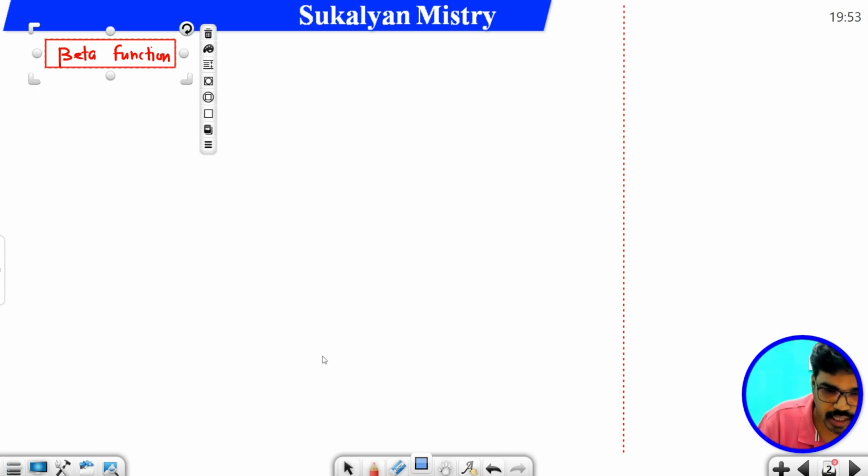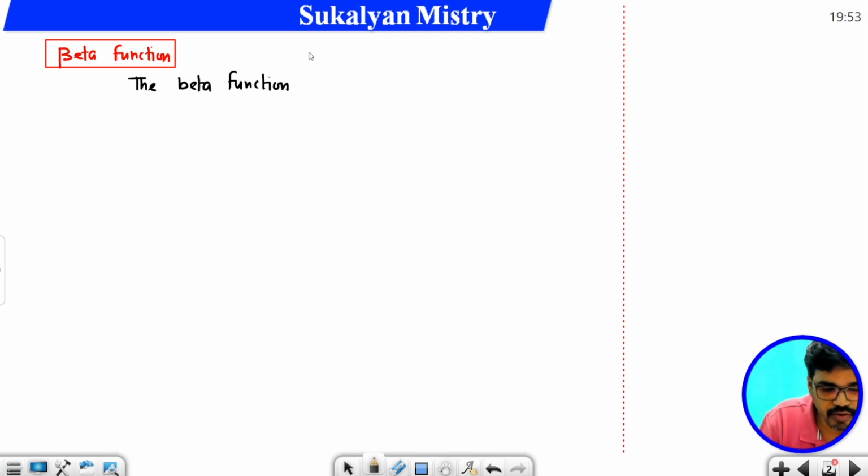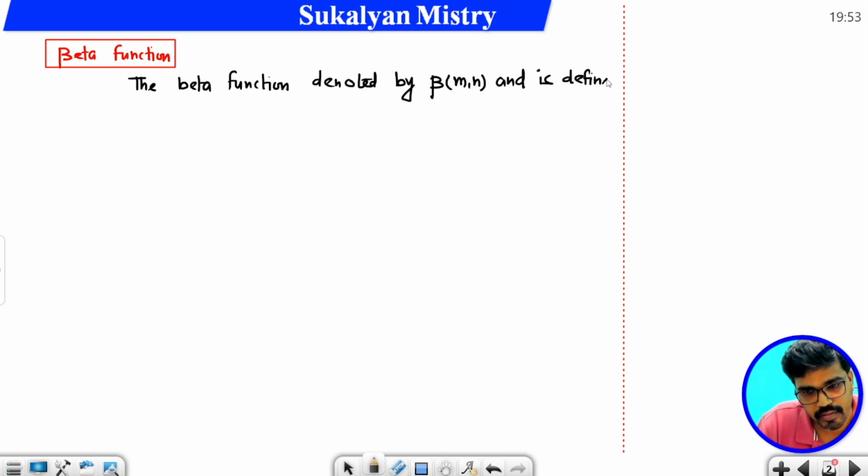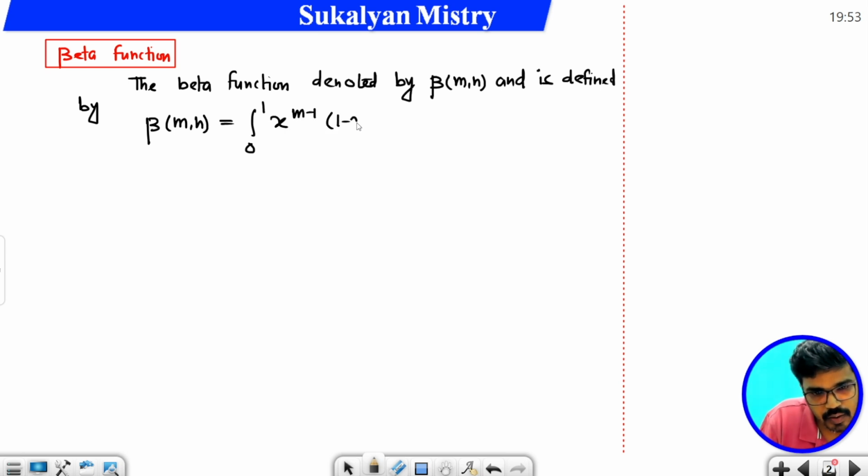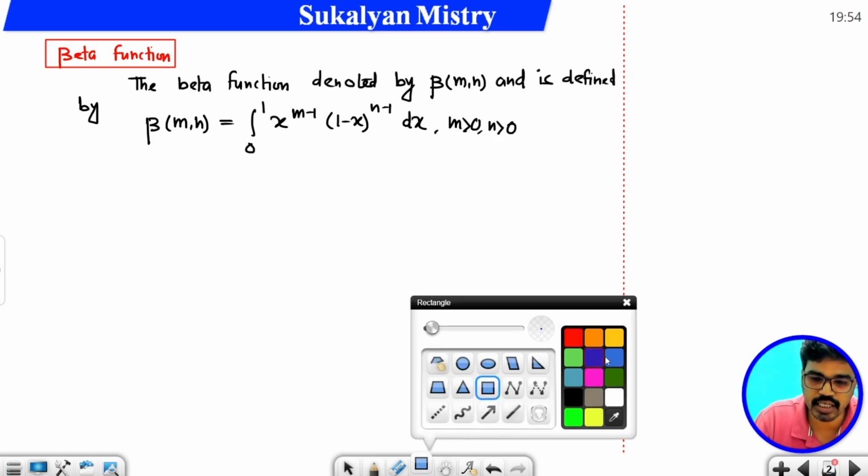The beta function is denoted by the symbol beta mn and is defined by beta m comma n, which is equal to integration 0 to 1 x to the power m minus 1 into 1 minus x to the power n minus 1 dx, where m is positive, n is positive. So this is the definition of beta function.